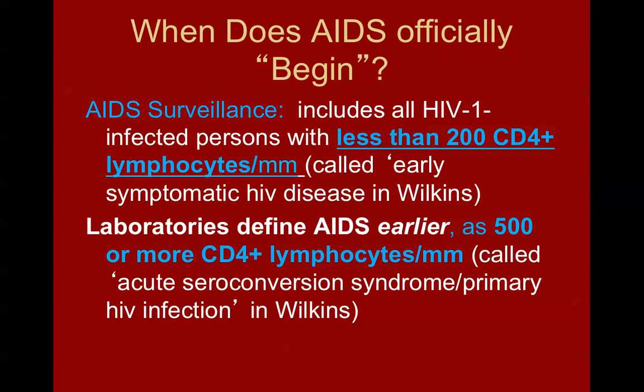I would assume that they are going to be a little more aggressive and start treating this as AIDS at a higher CD4 plus count. Okay, they define it as 500 or more CD4 plus. And in Wilkins, this is called the acute seroconversion syndrome primary HIV infection. It's a lot of words, just know these two magic numbers here. You don't need to know which is called which.